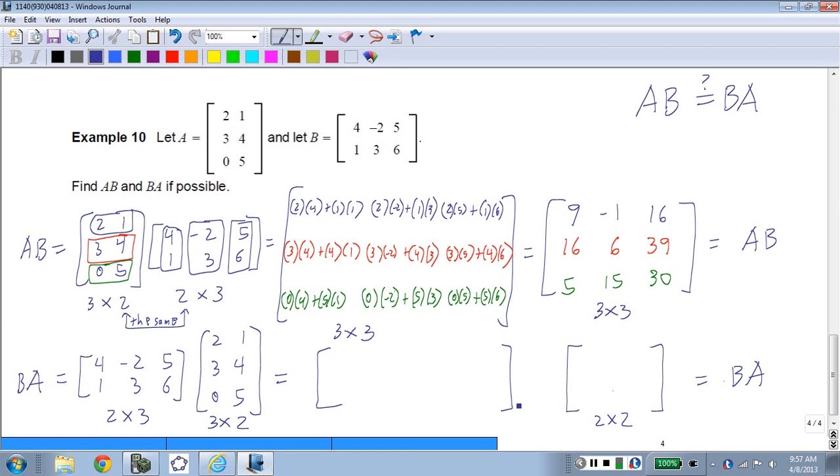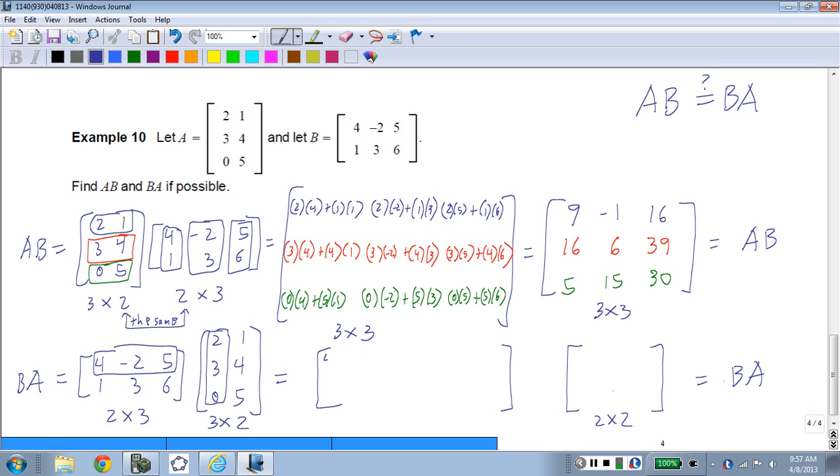So it's going to be a 2 by 2. And how do we get those entries? Well, we multiply rows of the matrix on the left by columns of the matrix on the right. So the 4, the negative 2, and the 5 get multiplied respectively by the 2, the 3, and the 0, and we add up those 3 products to get a single entry, row 1, column 1.